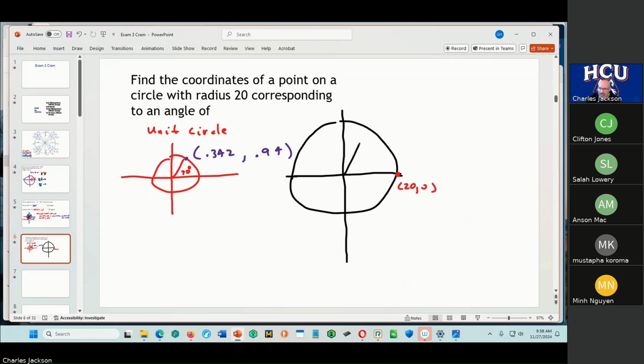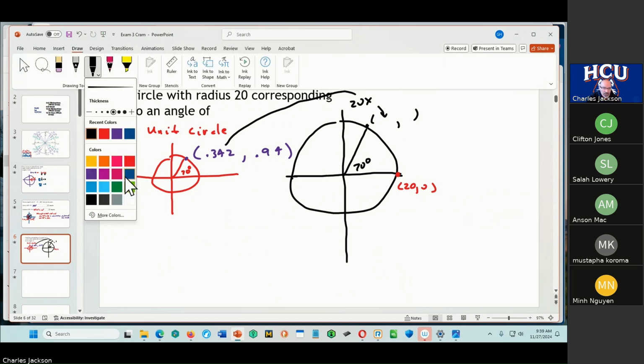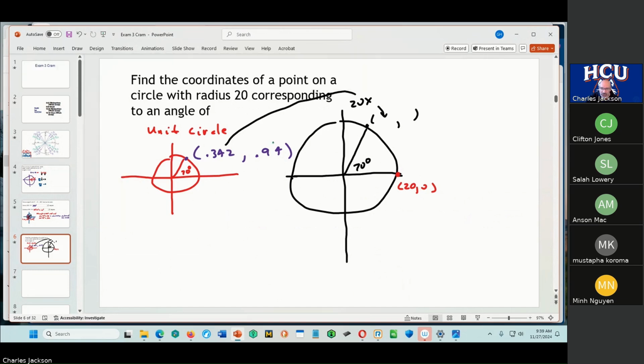So for the same 70-degree angle, we're just going to multiply both of those numbers by 20. 20 times to get this number, and 20 times to get this number.